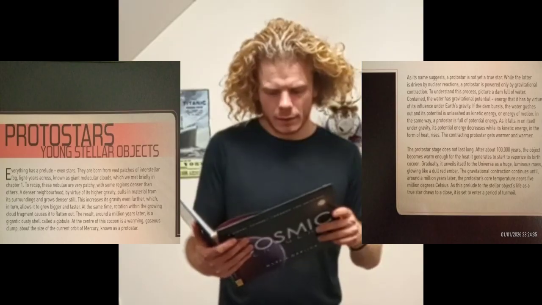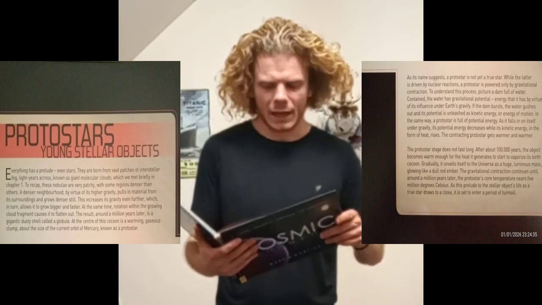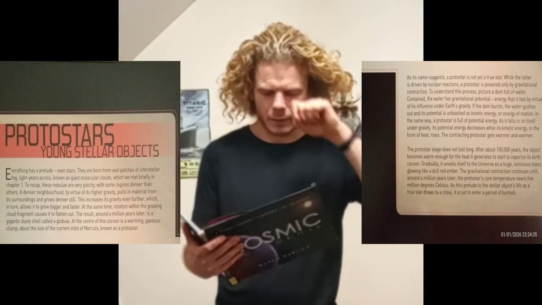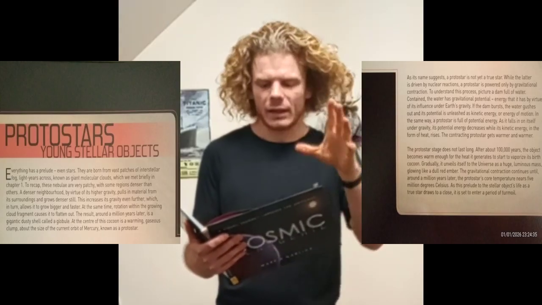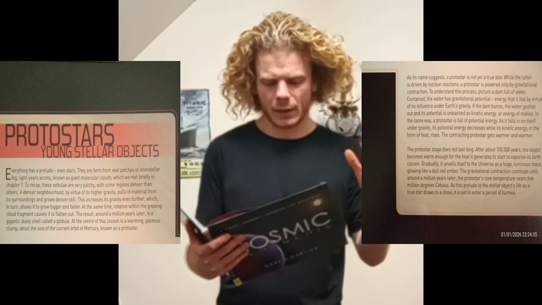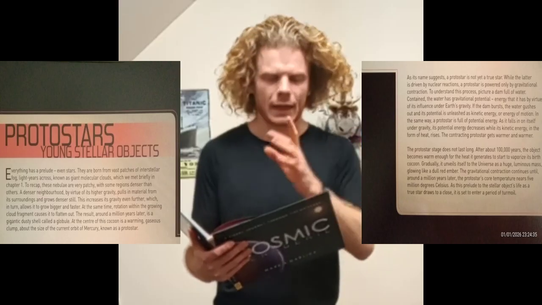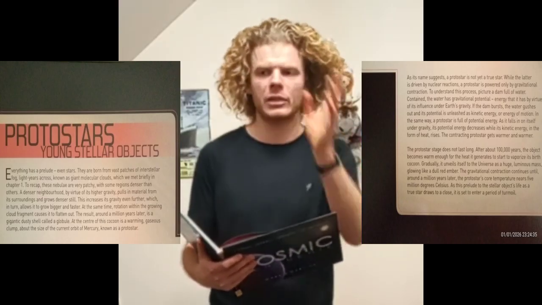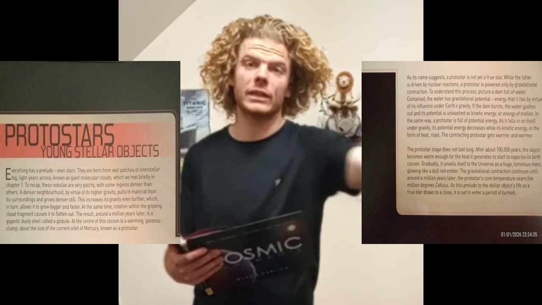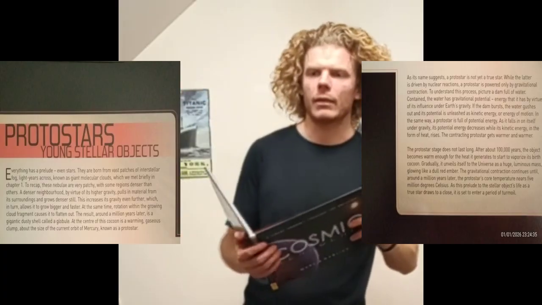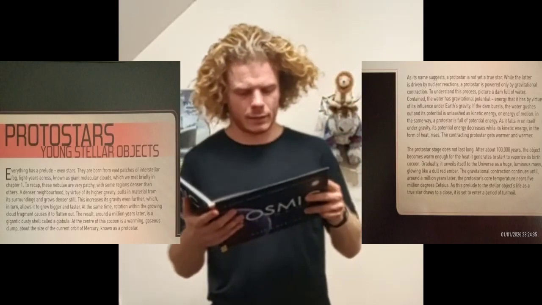And then in the middle there is a gaseous clump which warms up, and that has the size of the orbit of Mercury around the Sun, so much bigger than the Sun.